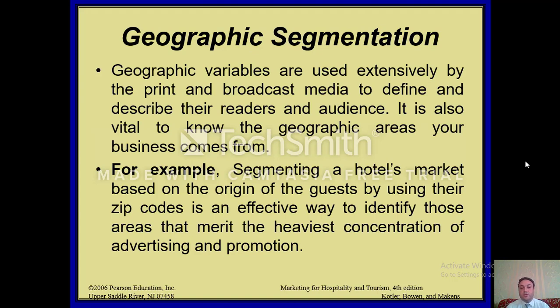The geographic variables are used extensively by the print and broadcast media to define and describe their readers and audience. It is also vital to know the geographic areas your business comes from. For example, segmenting a hotel's market based on the origin of the guests by using their zip codes is an effective way to identify those areas that merit the heaviest concentration of advertising and promotion.